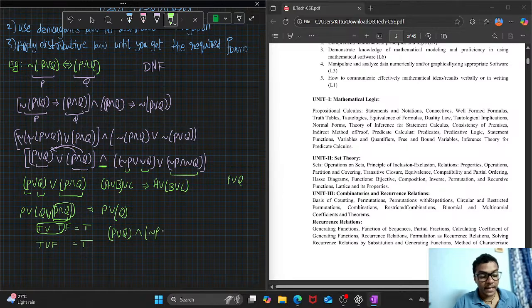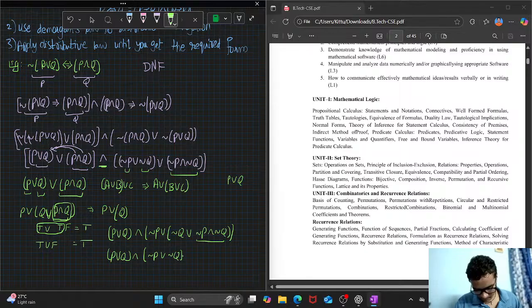So negation of P or, and I'm just using the associative law here, negation of Q or negation of P and negation of Q. And again, this thing doesn't matter. It just comes down to the value of negation of Q. So it is P or Q and negation of P or negation of Q.